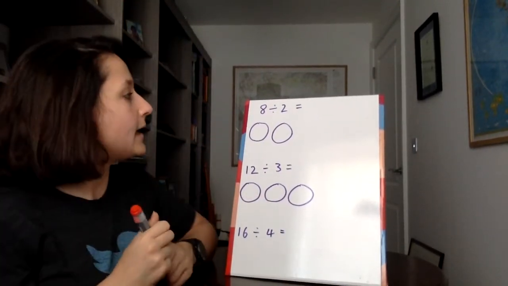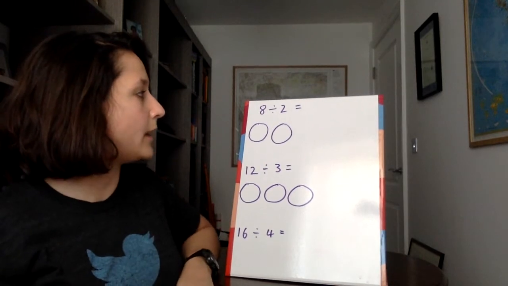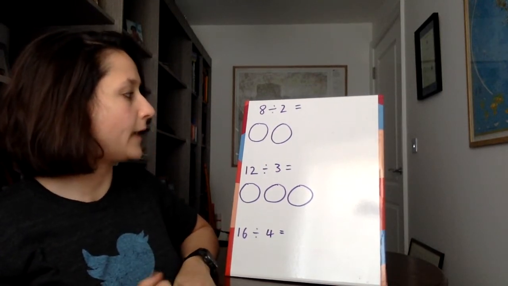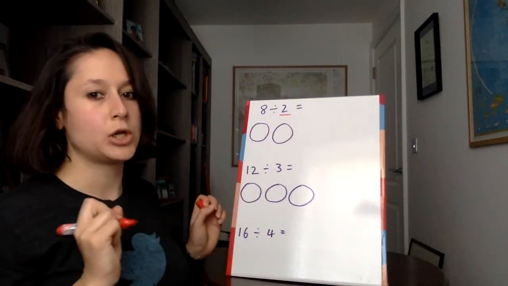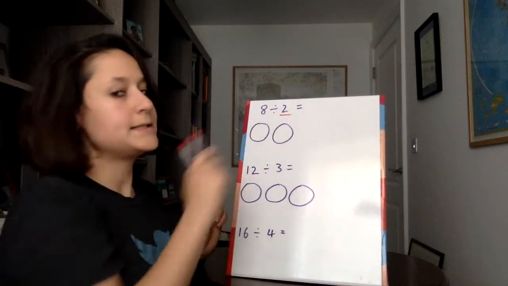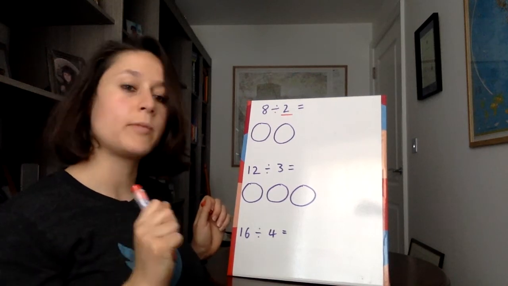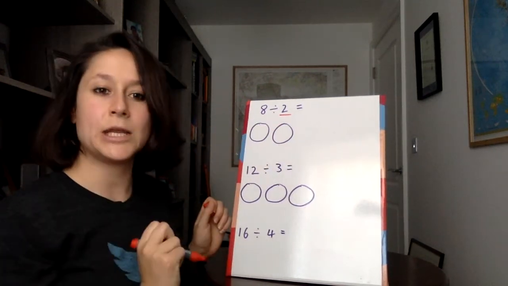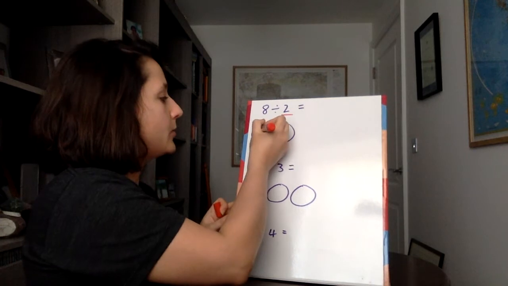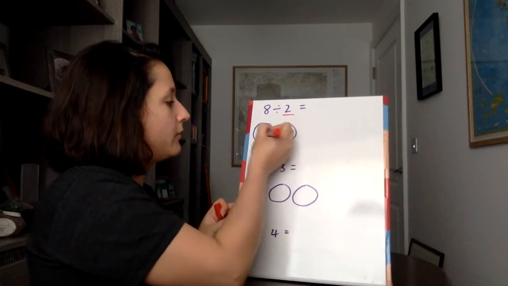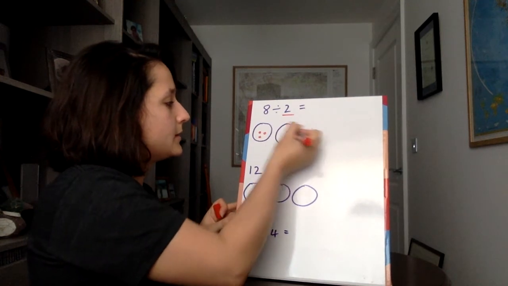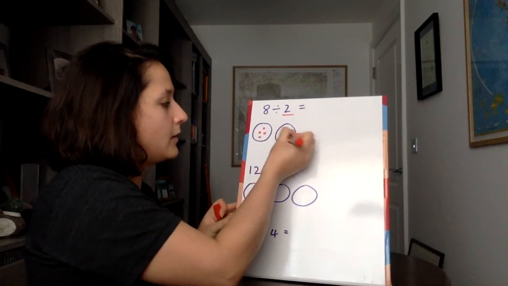Now up here you can see I have got 8 divided by 2. Okay, and I've got 2 circles because we are dividing by 2. Dividing means to share equally, so what I'm going to do is share 8 equally between my 2 circles. So I'm going to go 1, 2, 3, 4, 5, 6, 7, 8.